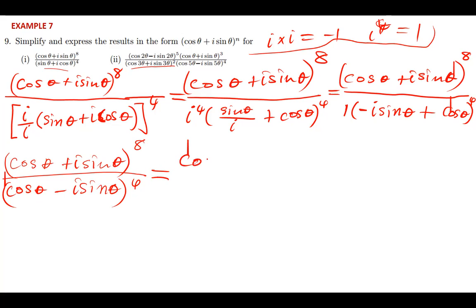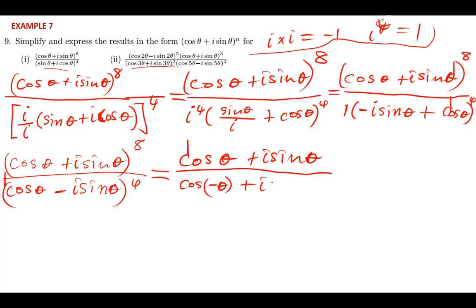So we have cos theta plus i sine theta, and then everything divided by... Now, let us push this negative inside the brackets. So this is just the same as cos negative theta, plus i sine negative theta.